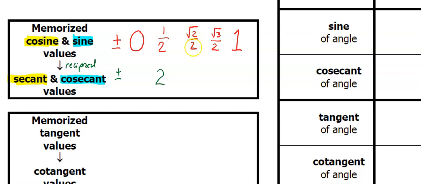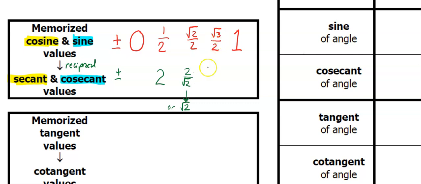If I take the reciprocal of square root of 2 over 2, you could write that as 2 over square root of 2, and you would be right. Or, if you rationalize that, if I multiply top and bottom by square root of 2, that simplifies to square root of 2. If you don't believe me, try it on your own.